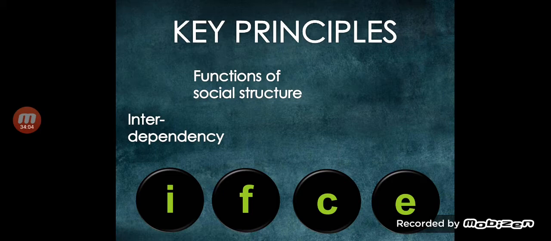Now, when we talk of social structure, we are referring to the organization of the society, including its institutions, its social positions, and its distribution of resources. I repeat, okay? When I talk of social structure, it refers to the organization of the society. We have so many organizations in the society.